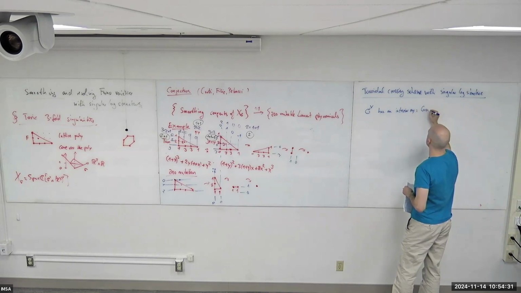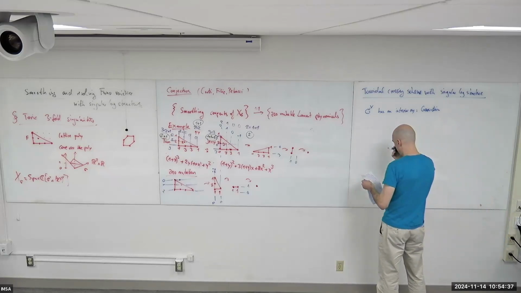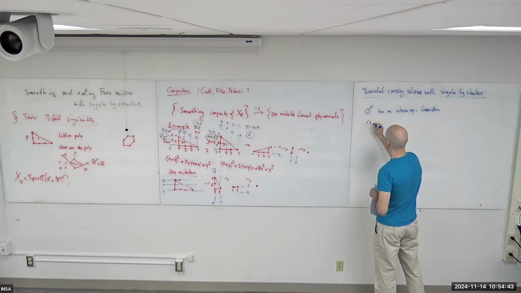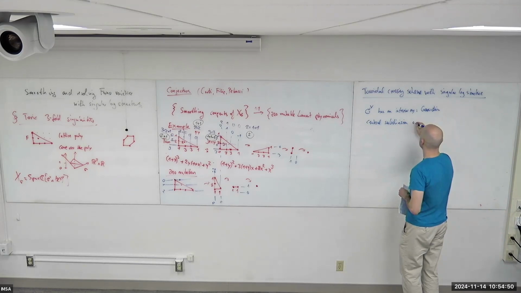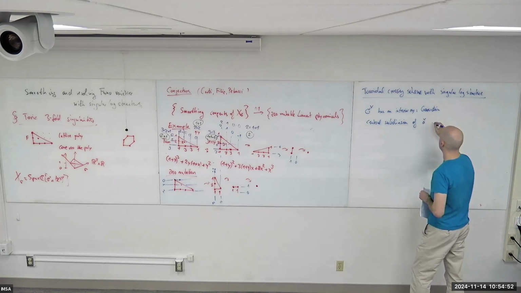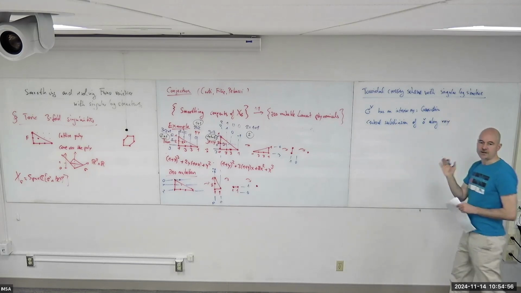Some people call it the Gorenstein element that generates this ray, because the singularity is Gorenstein. And then what we do is we do the simplicial subdivision of this dual cone along the ray. We can also call it star subdivision.